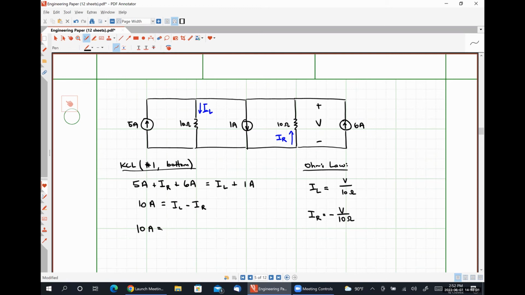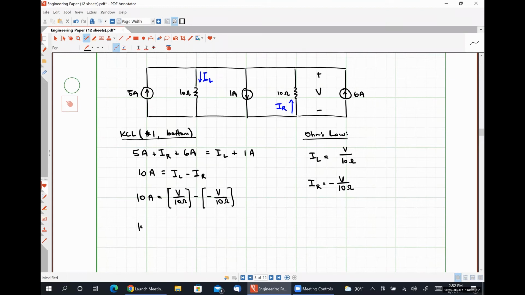And I'll simply substitute that in, so that I'll have 10 amps is equal to V over 10 ohms minus negative V over 10 ohms, which looks like 10 is equal to twice V over 10 ohms.